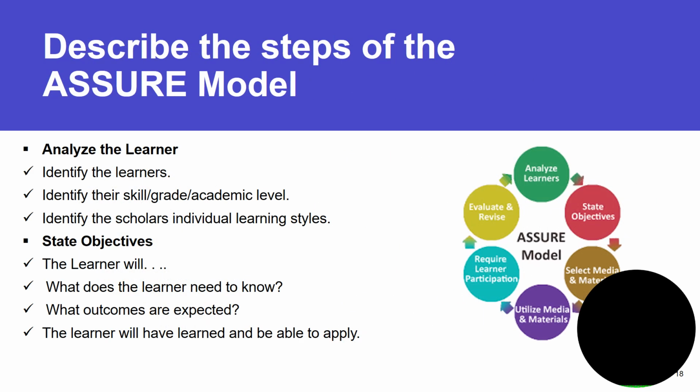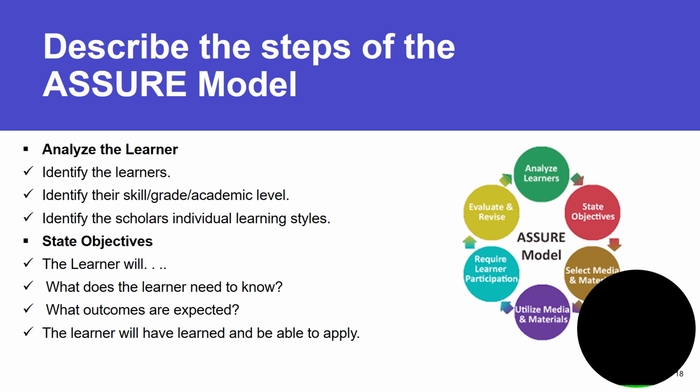The ASSURE model takes the information that is known about the learner and combines that with the objectives stated by the learner. This shows the overall outcome that should occur.